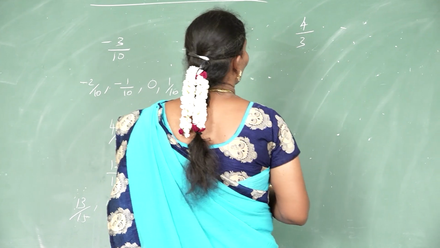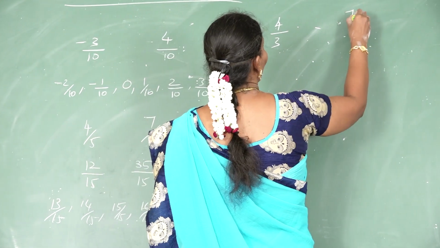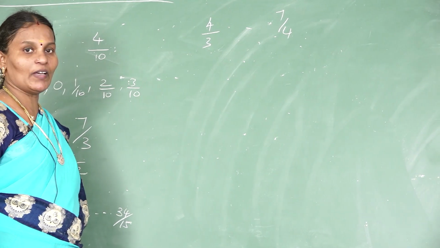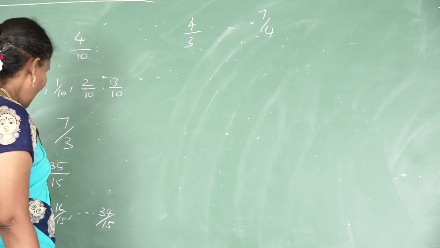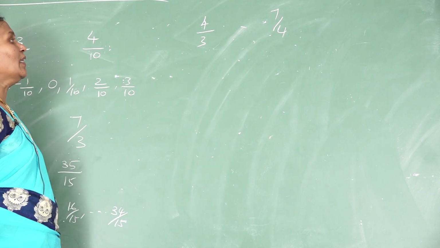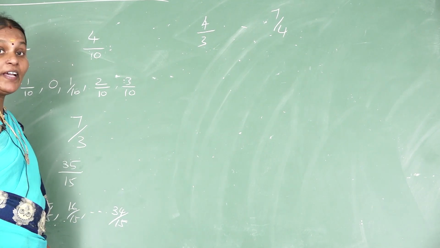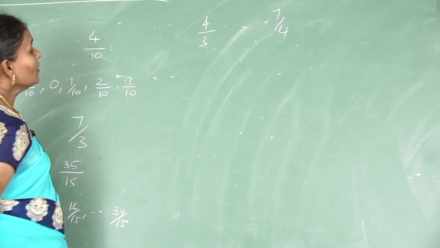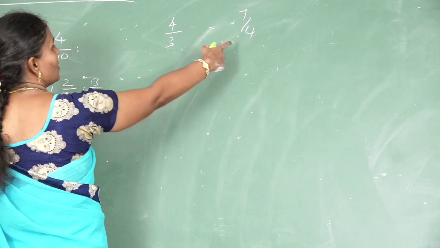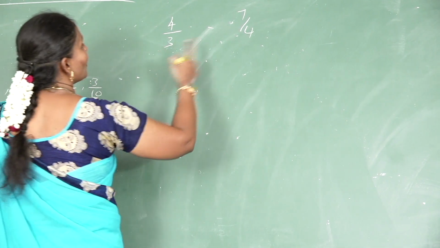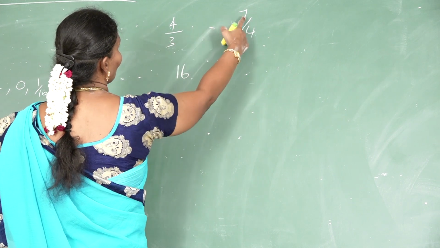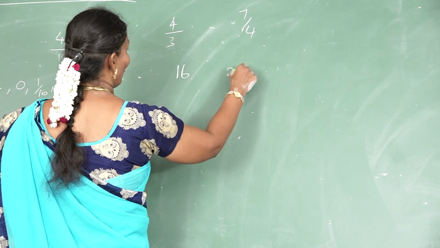Okay, now see 4 by 3 and 7 by 4. Now I ask you to find 25 rational numbers in between these two rational numbers. Okay, see the denominators are not same, so you have to do the cross multiplication. This gives 4 4s are 16, here 3 7s are 21.